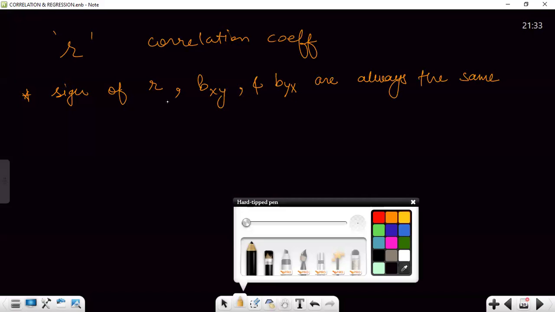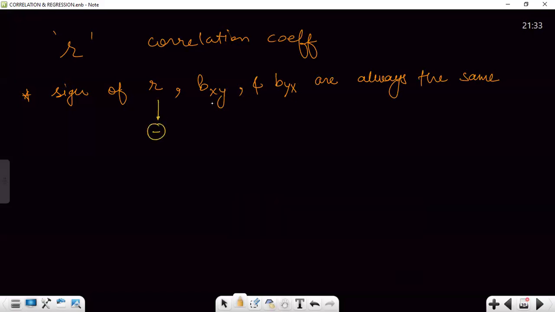If this is negative, then this will also be negative and this will also be negative. If this is positive, then all three will be positive. If any one of the quantities is positive, then all of these three will be positive. That's the only possibility.